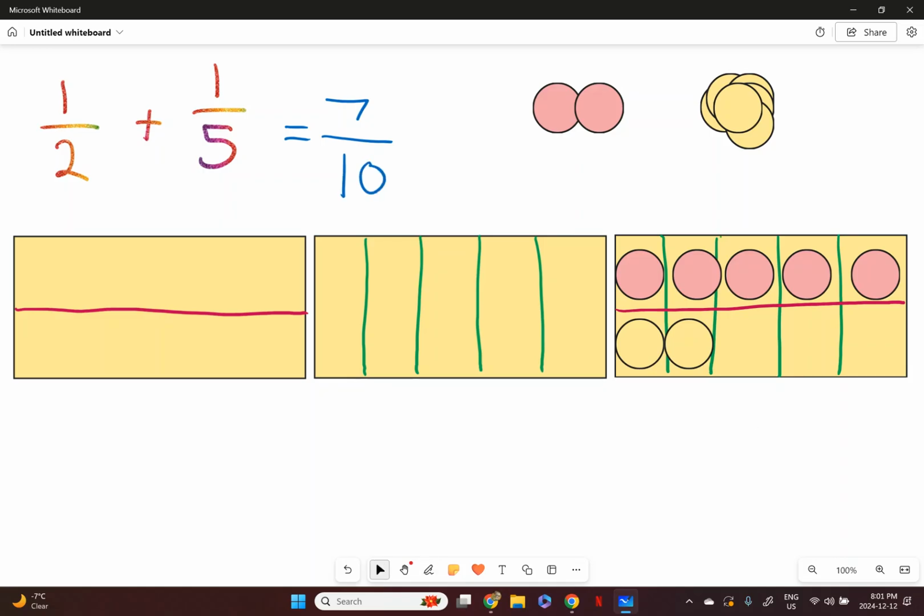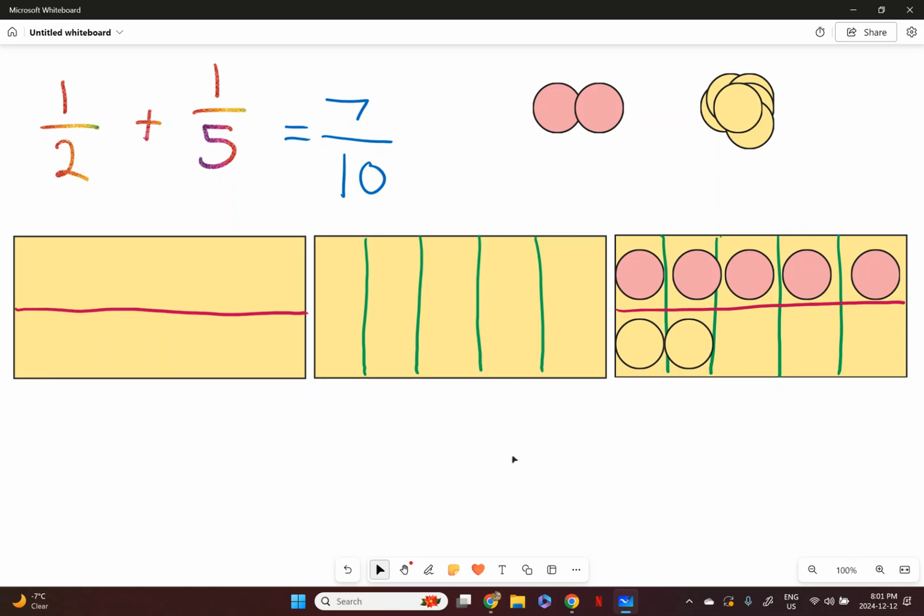So 1/2 plus 1/5 is 7/10. And if I think about that, I have 10 pieces. Half of 10 is 5, which matches my red dots, and 1/5 of 10 is 2, which matches my yellow dots. So if I add them together, I've added my 1/2 and my 1/5.